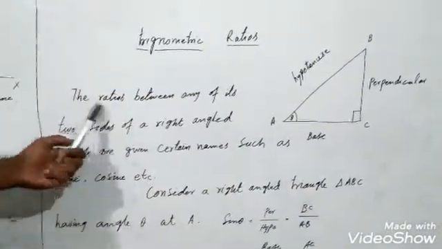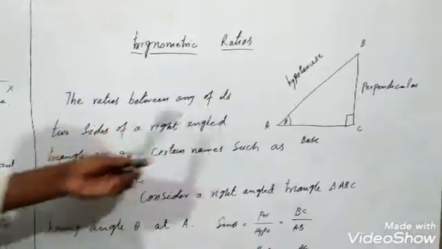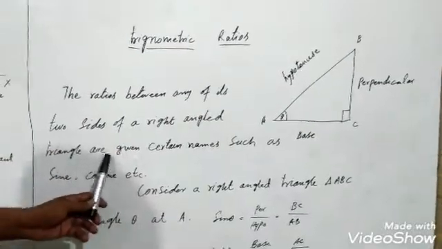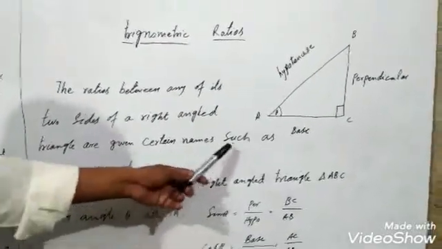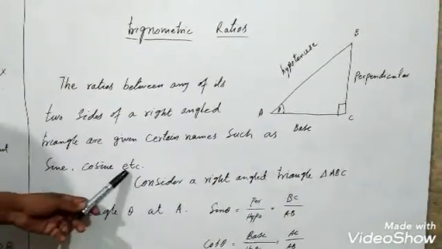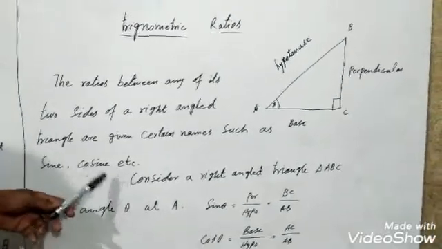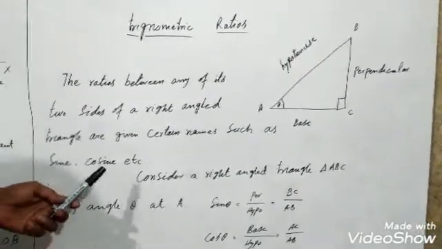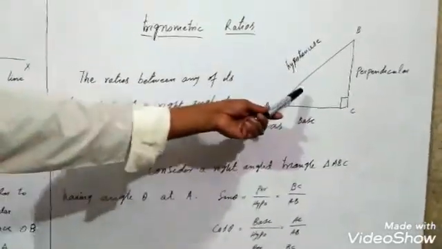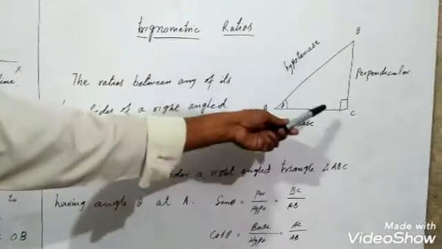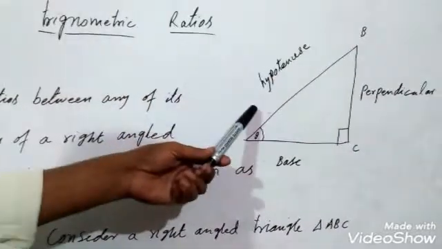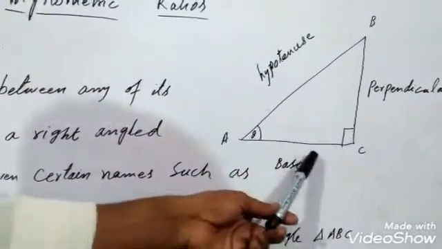Definition: the ratios between any two sides of a right angled triangle are given certain names such as sine, cosine, etc. In order to understand sine, cosine and tan, we use this right angle triangle ABC having BC perpendicular, AB hypotenuse, AC base.